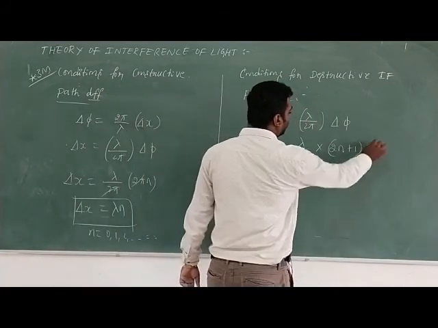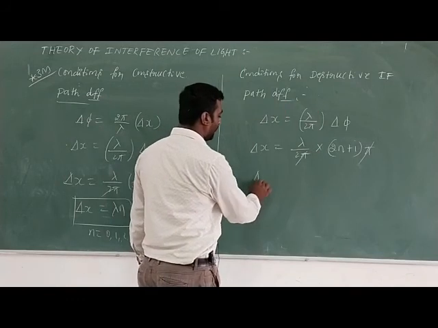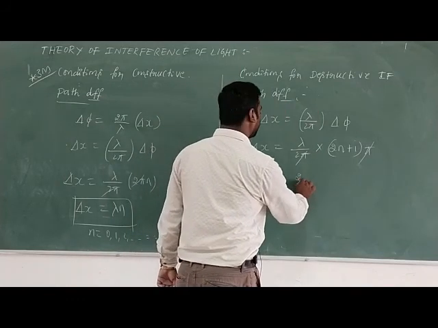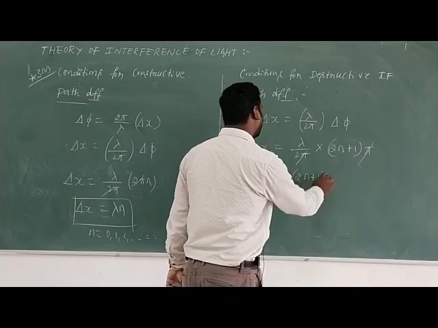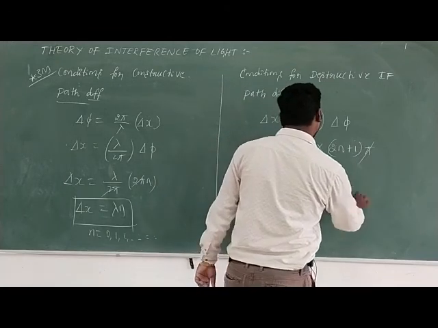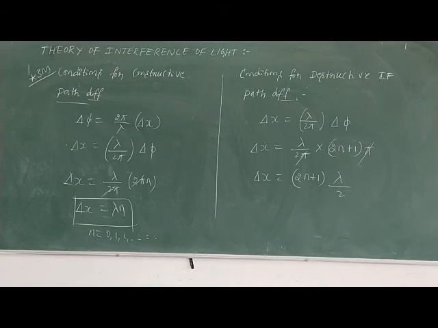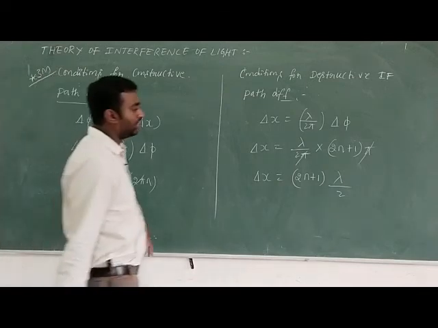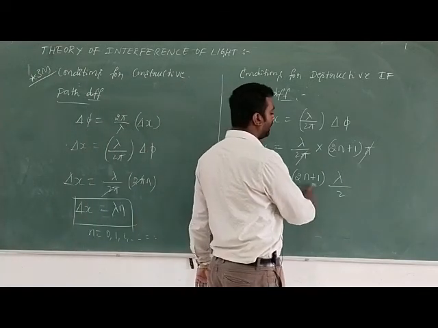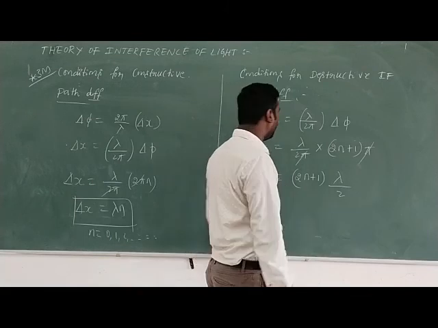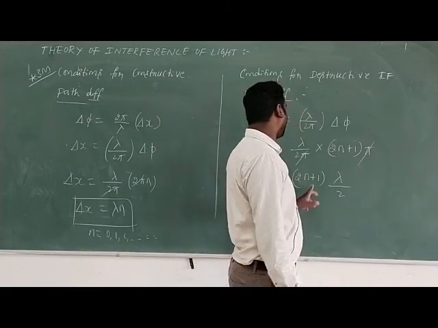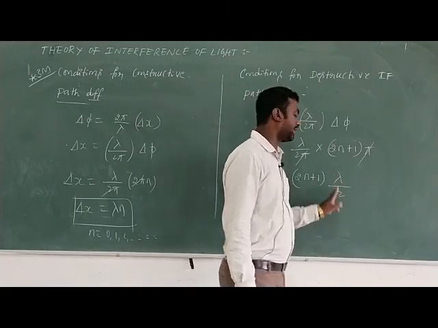Here this π gets cancelled, so the remaining is Δx equal to (2n+1) multiplied by λ by 2. That means in the case of destructive interference, the path difference should be an odd multiple of λ divided by 2. This is the odd multiple, that is the reason we took 2n+1.